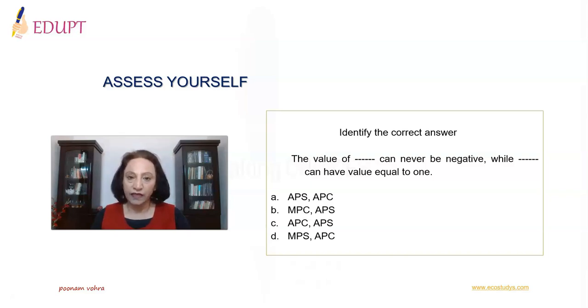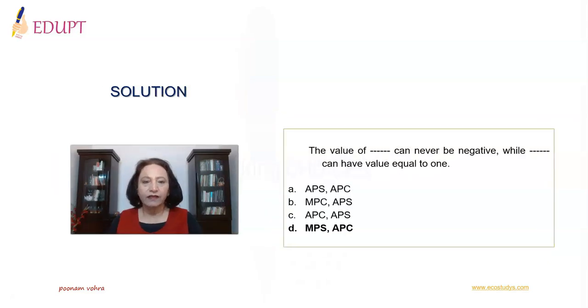Options are A. APS and APC, B. MPC and APS, C. APC and APS, or D. MPS and APC. The correct answer is option D. The value of MPS can never be negative, while APC can have value equal to 1.